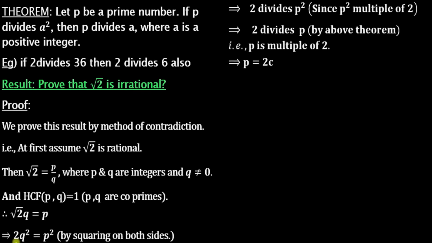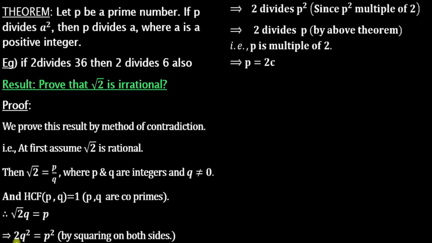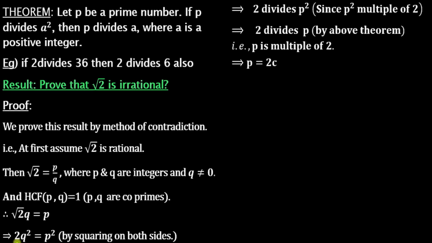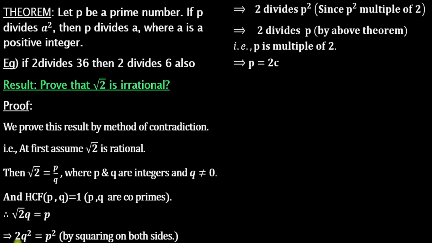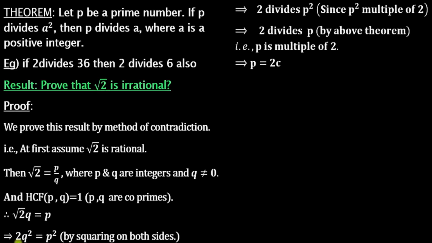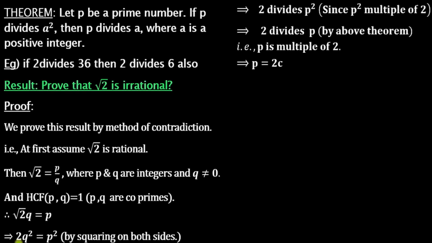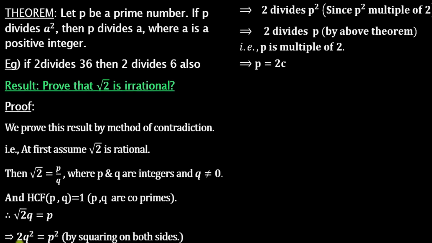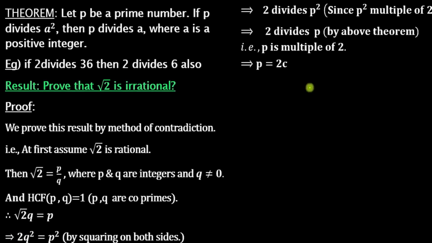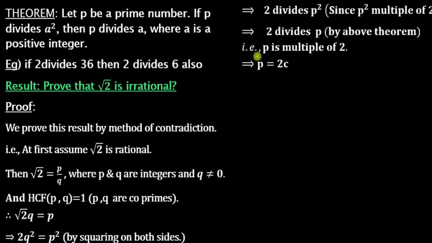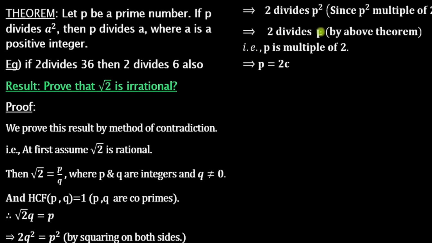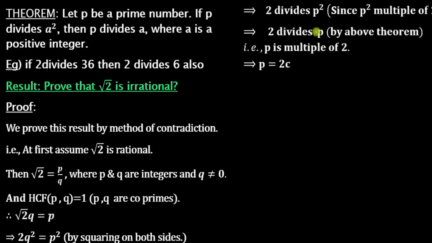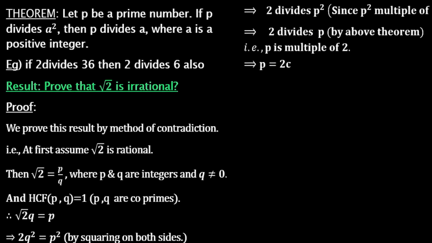Or you can do it by our division lemma: if 2 divides p, then our quotient is c and our remainder is 0. That is, p equals 2c plus 0, which can be concluded from 2 divides p.